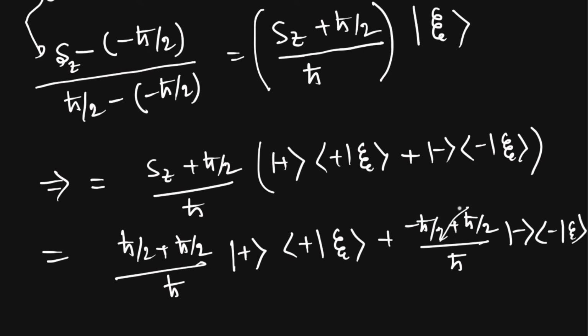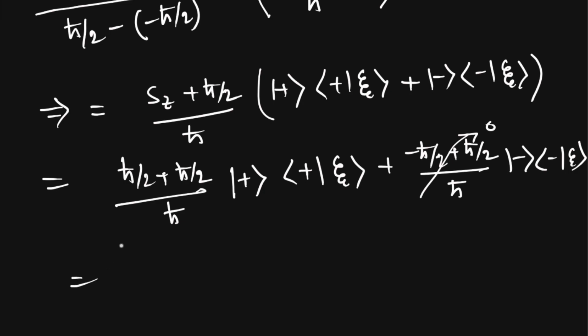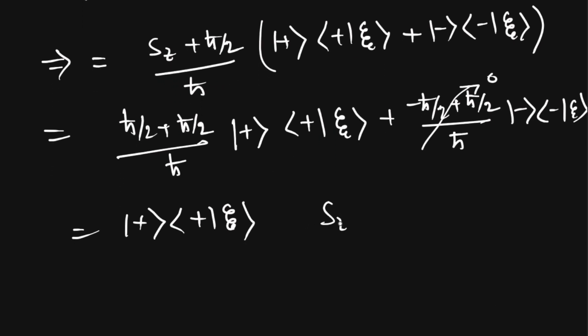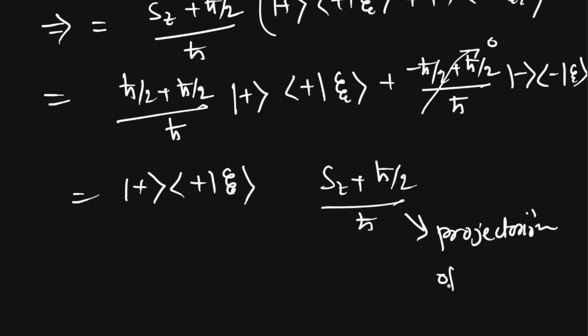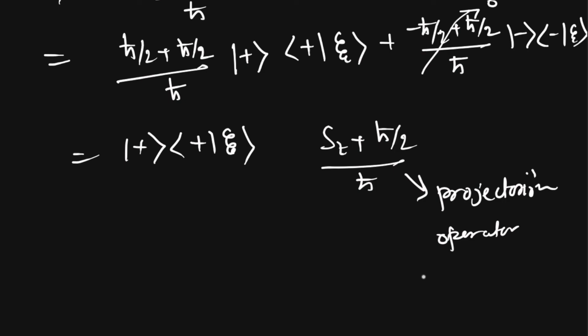This is 0 and this is h cut by h cut, which is 1. That means the operator (Sz + h cut by 2) over h cut is a projection operator which projects the state corresponding to the eigenvalue plus h cut by 2.